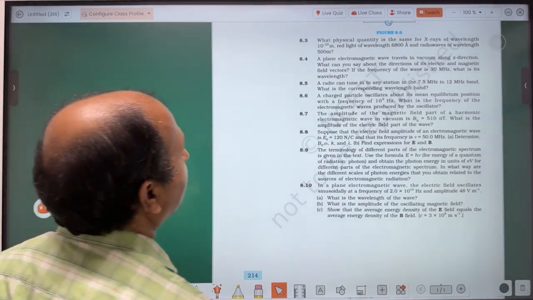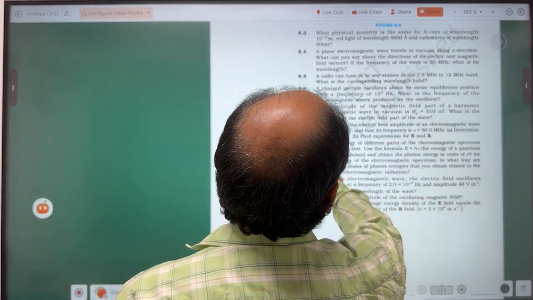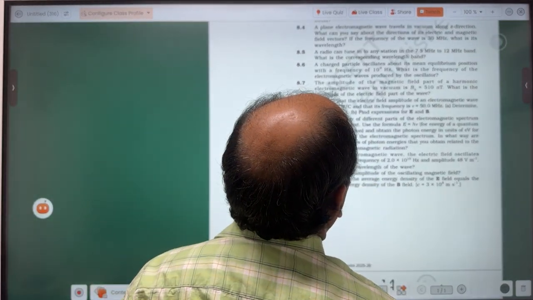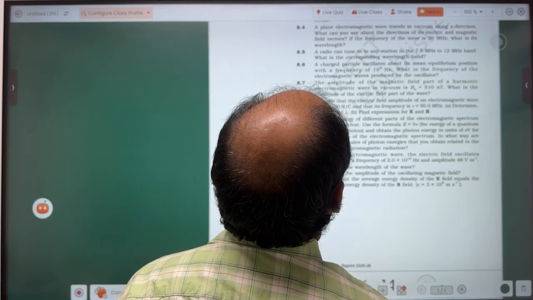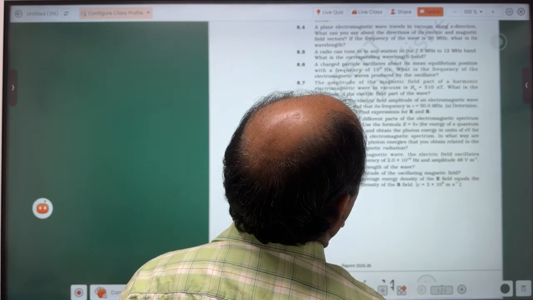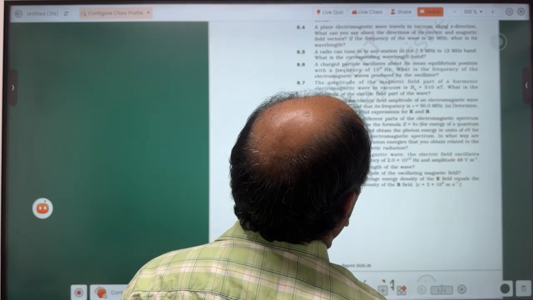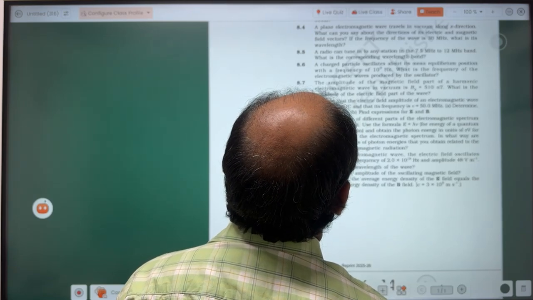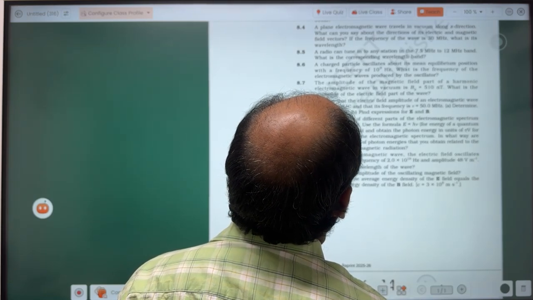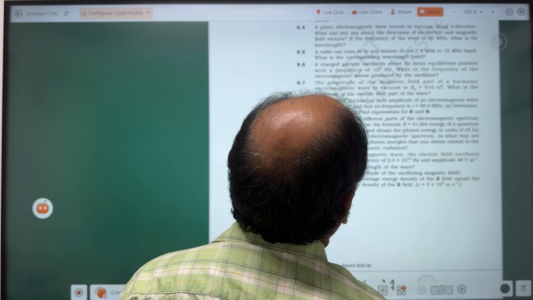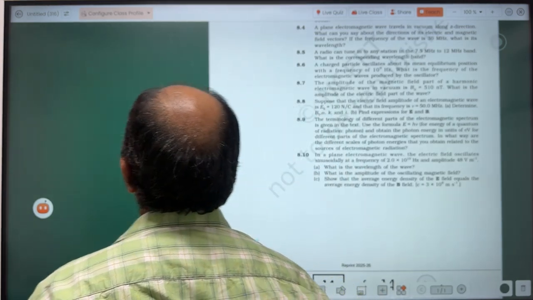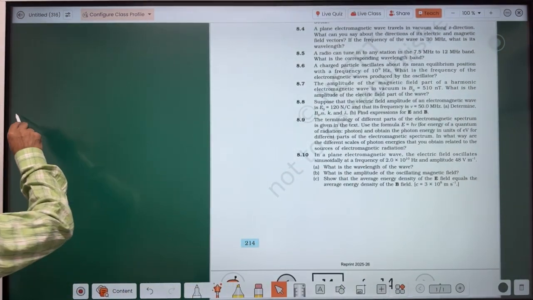Next question is, suppose that the electric field amplitude of an electromagnetic wave is E0 equal to this much and frequency is 50 million hertz. Determine B0, omega, K, lambda. Find the expression for E and B. Right.